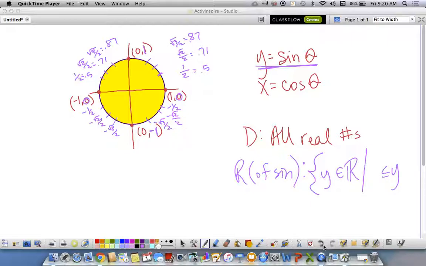Can y be equal to 1? It's kind of a backwards one. All real numbers. Let me read this to you, because it is in every Algebra 1 book. I know it's in every Algebra 2 book.